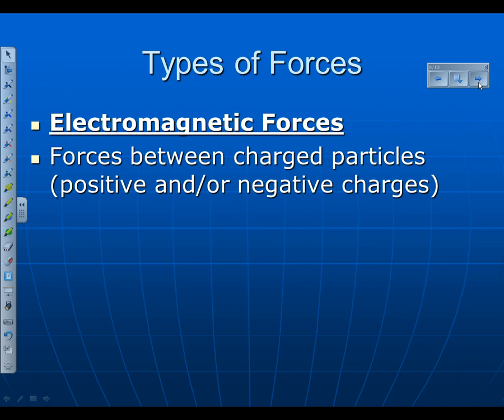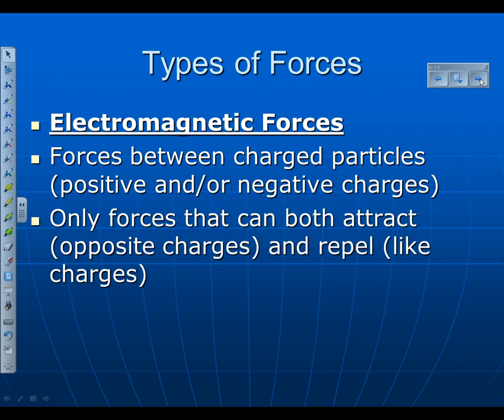And we find that, depending on the combination, they will exert forces on one another. They will cause each other to change their motion. Sometimes they attract, sometimes they repel. This depends on the combination that you have. This is one kind of force. It's also the only kind of force that we see that can be both an attractive force and a repulsive force depending on the situation.